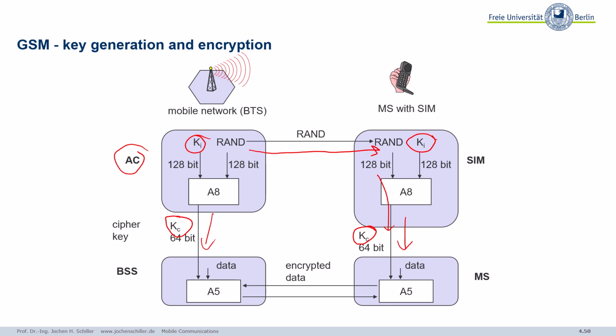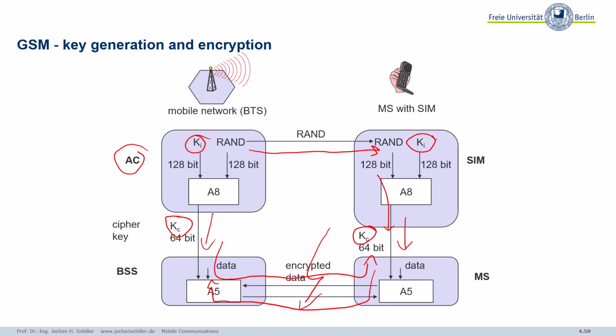Now both sides use this symmetric scheme for encrypting and decrypting data using the algorithm A5. We use the same key on both sides, and over the air everything is encrypted. This is a 64-bit key. Looking back from today, this is not strong anymore.